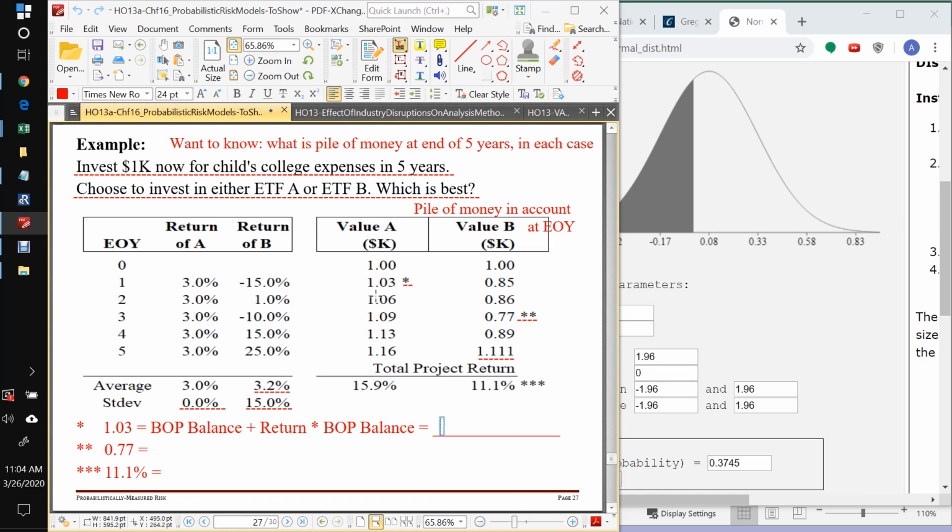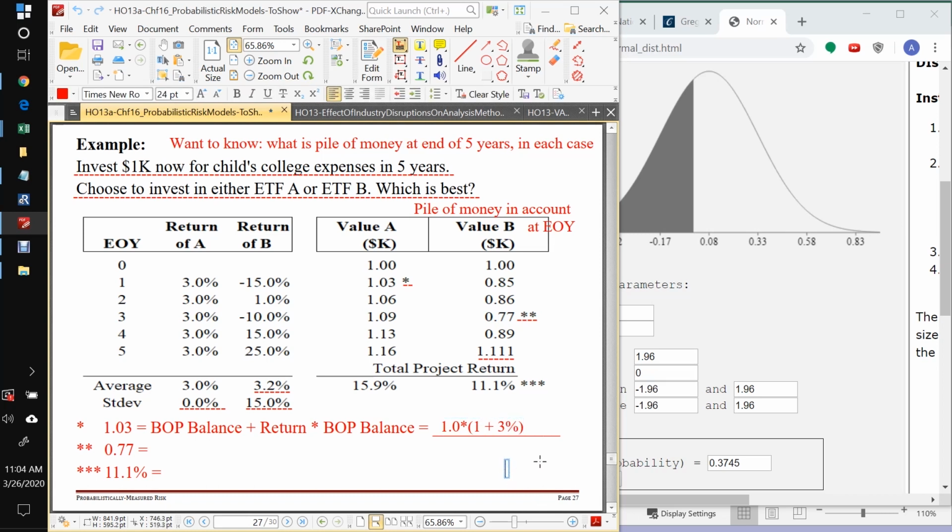So how did I get this 1.03? The way it works in all cases is what we have at the end of the year is equal to what we had at the beginning of the year plus the return times the BOP balance. Okay, so what we had at the beginning of the year here was 1.0, and I'll do a little bit of algebra on that, and I'll say 1 plus 3%.